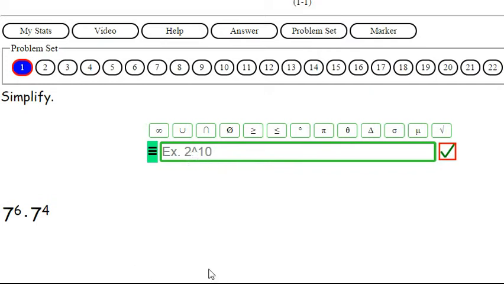Okay, so we have 7 to the 4th times 7 to the 6th times 7 to the 4th.